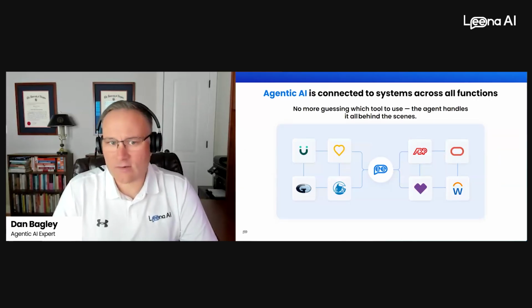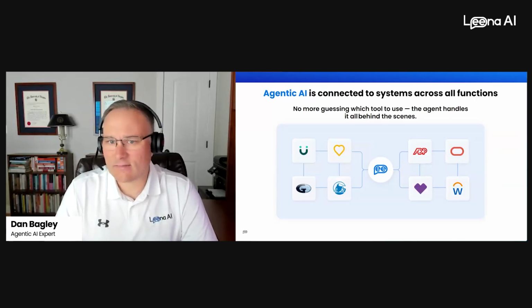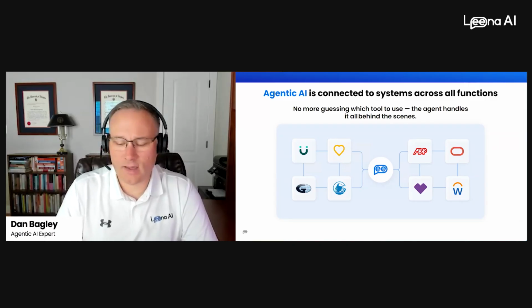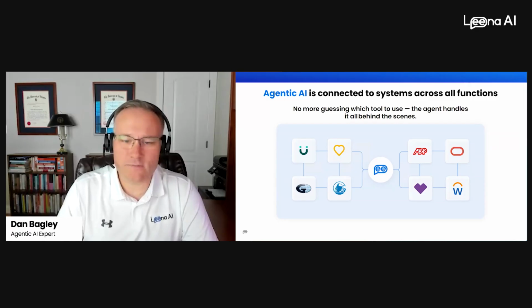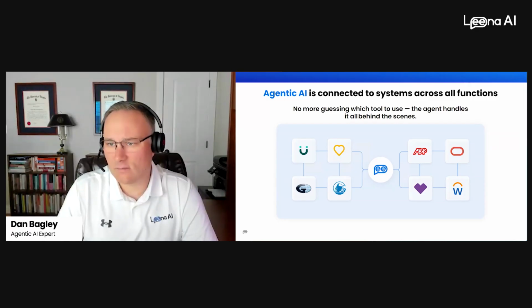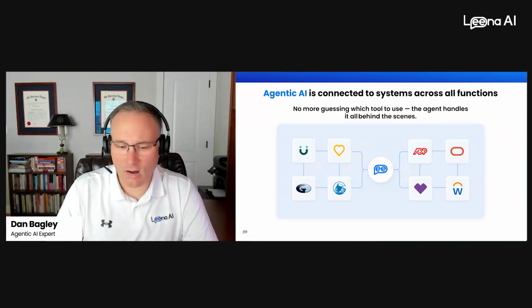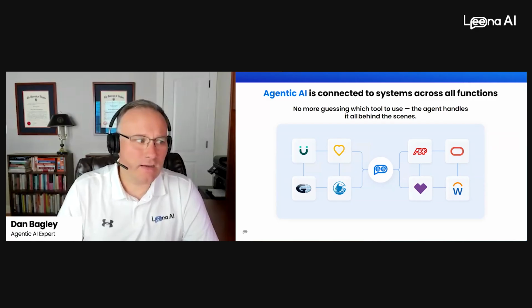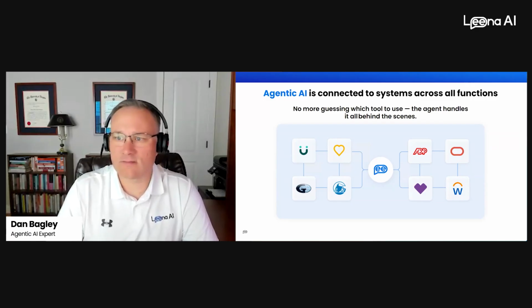In order to enable those actions, agentic AI has to be connected to multiple different systems, and the important systems of record. I think as you look at employees, there's an ever increasing number of systems that employees have access to and can take action on themselves in those external systems. But for a proper employee assistance agentic AI, it needs to be connected to those different systems of record.